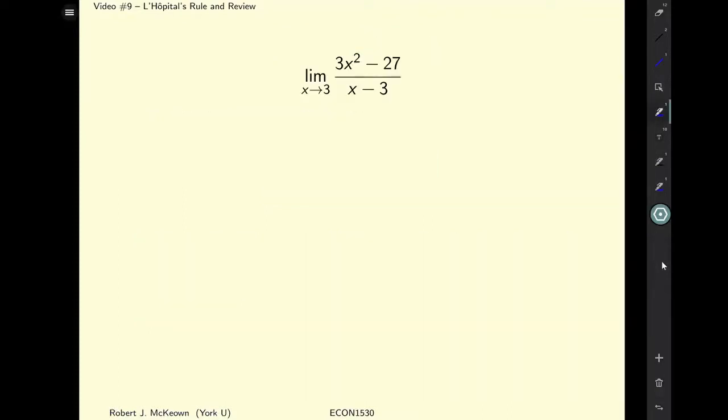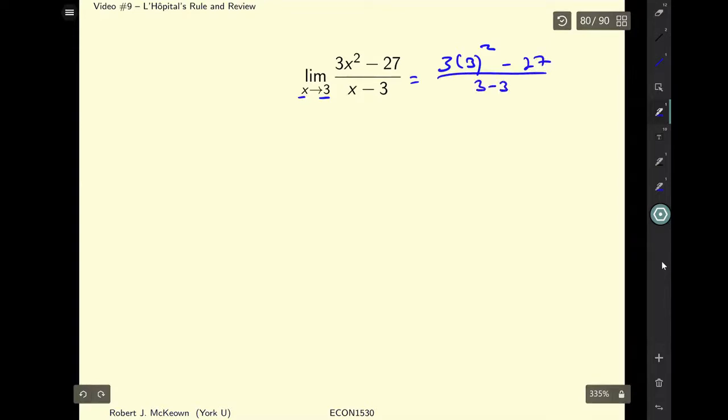So here's the problem. We want to take the limit of this quotient, right? One function divided by another. We call that a quotient. And the limit that we're interested in is when x approaches 3. So for example, if I just let this thing be equal to 3, we end up with 0 over 0.